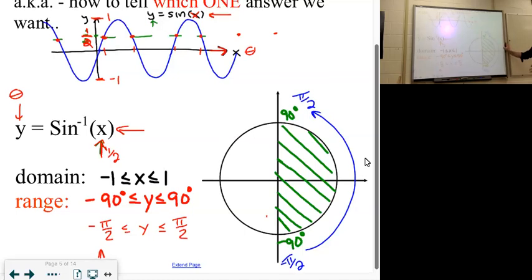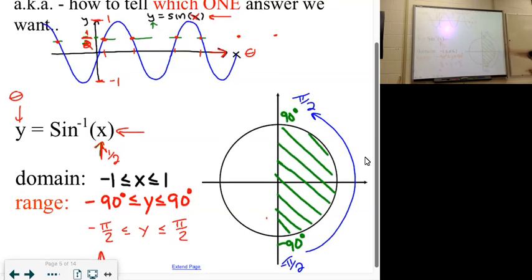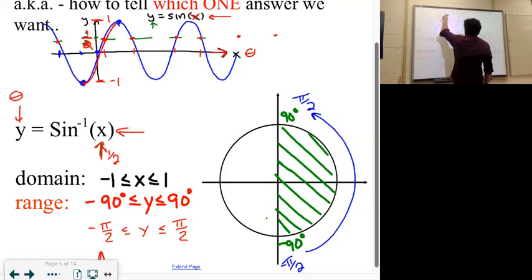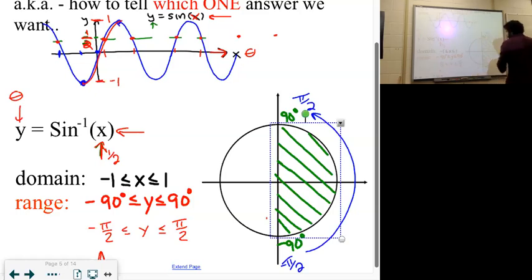We start with -π/2 because it's one of the closer values to the origin for the restriction. So it hits all sections of this curve, from here to about here, which are basically all the output values that we want. It's this window right here.